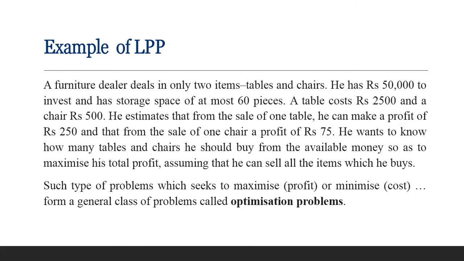Both are resources, and both you need to manage. He has 50,000 rupees to invest, so his maximum capacity is 50,000, and the maximum capacity of the storage space or stock room is 60 pieces. You can store only a maximum of 60 pieces, both tables and chairs together.